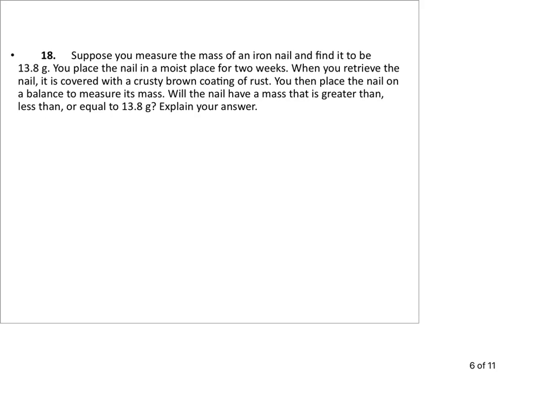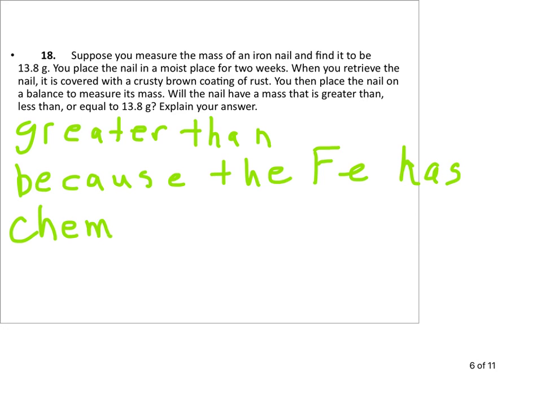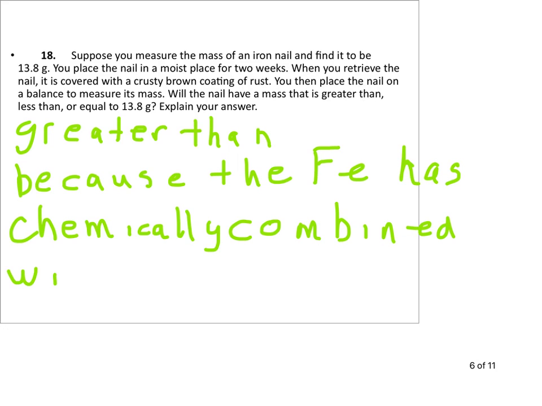In this case, it's going to be greater than, because the iron has chemically combined with oxygen.